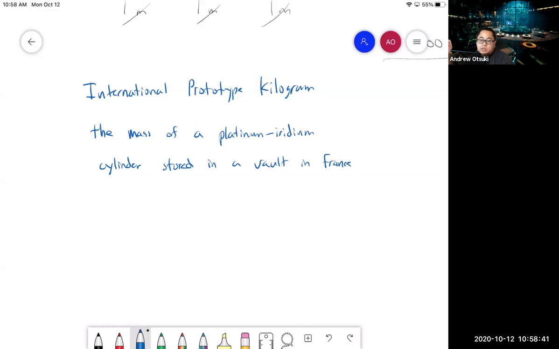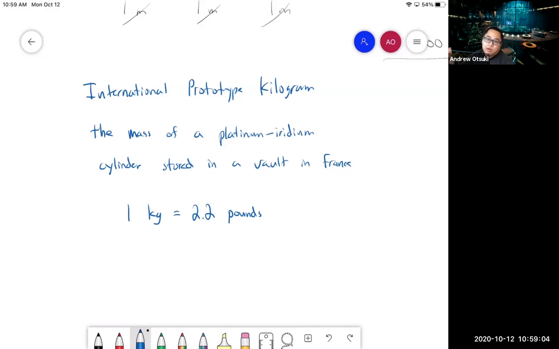And a useful unit for people in America: 1 kilogram equals 2.2 pounds. So take your weight divided by 2, and that's about how much you weigh in kilograms.